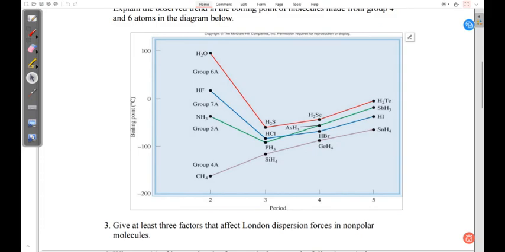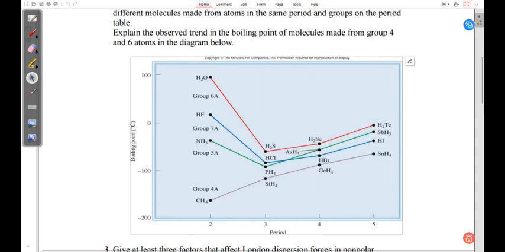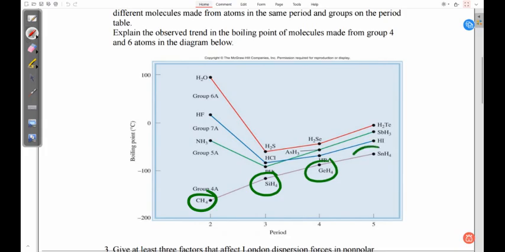So let's now summarize the answer here. Group 4. Explain the observed trend for group 4. The group 4 molecules which are starting there are all non-polar, right?